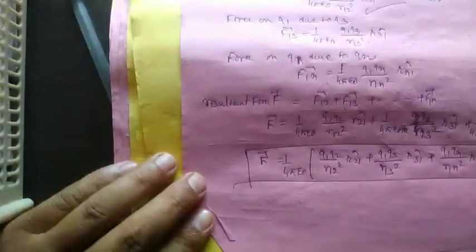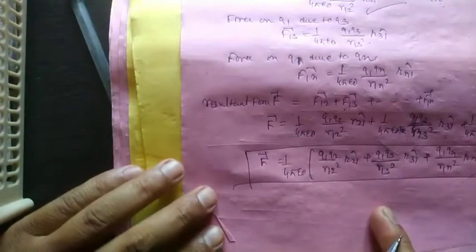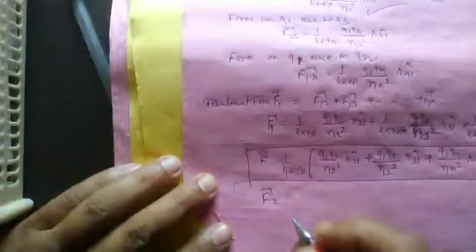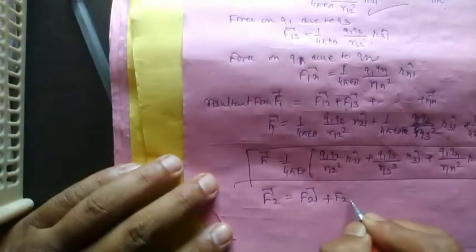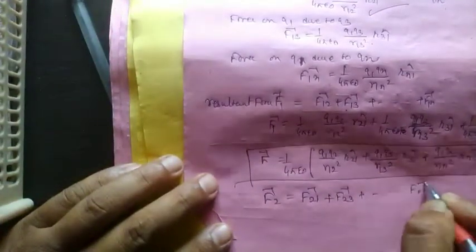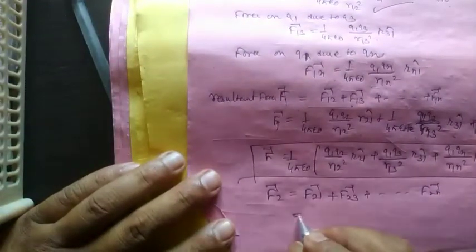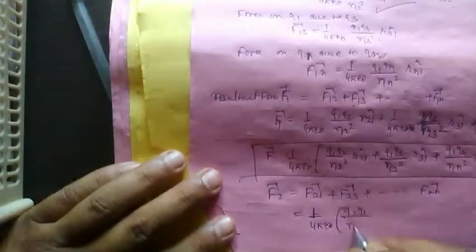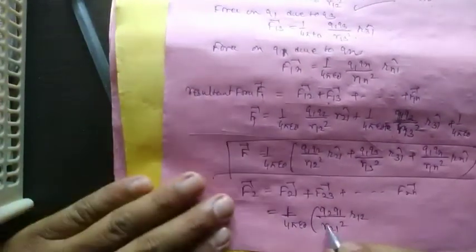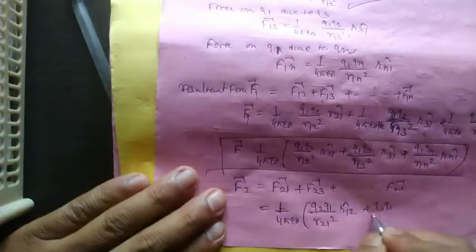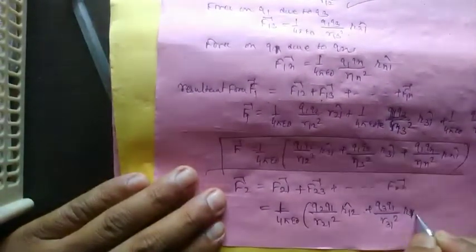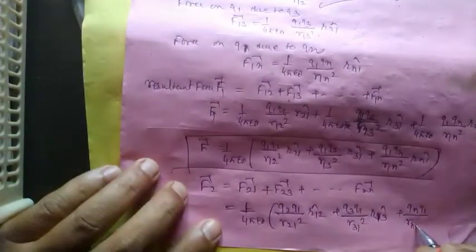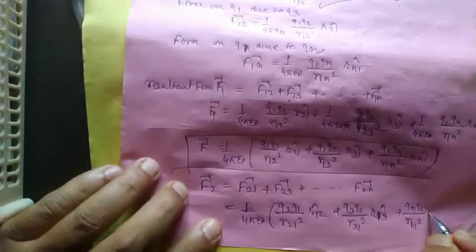And similarly, we can easily find the resultant force for the next charge: F2 is F21 plus F23 plus so on to F2n, equals 1 upon 4 pi epsilon naught, Q2 Q1 upon R21 square, R12, plus Q3 Q1 upon R31 square, R13, and Qn Q1 upon Rn1 square, R1n.